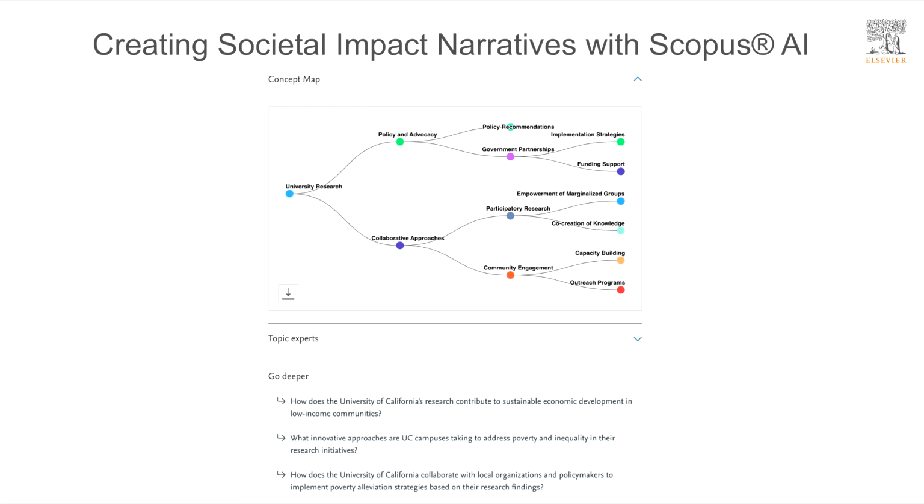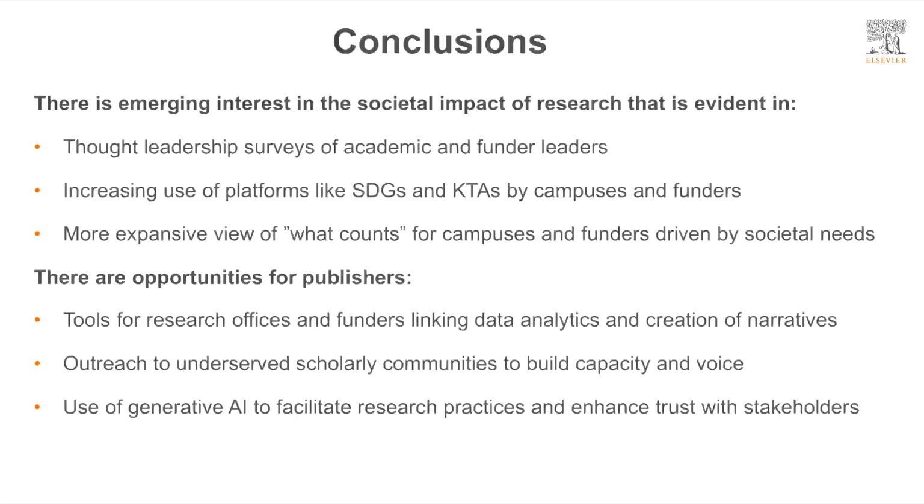And then finally, it has a section on digging deeper where it will present other kinds of information that you might be asking about or interested in asking about, that lets you learn more about maybe particular centers on campuses that are focused on eliminating poverty, other collaborations, and so on. So I think this is really a remarkable frontier in terms of what ultimately Gen AI could be used to do that could help us understand societal impact and really think about, in a forward way, how to nurture it.